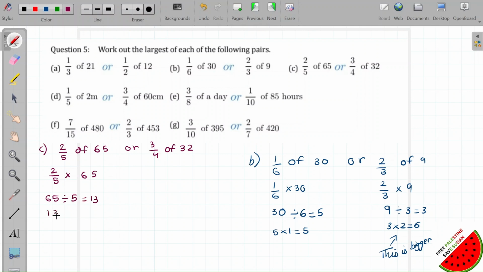The 13 times the numerator, which is 2, gives you 26. And then here, 3/4 multiplied by 32. So 32 divided by 4 gives you 8, and 3 times 8 gives you 24. So this is bigger.